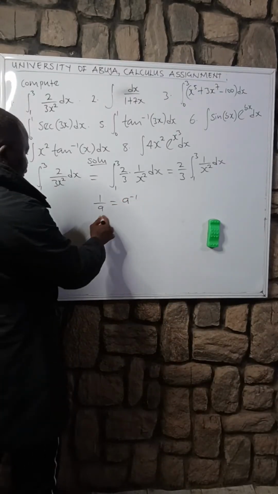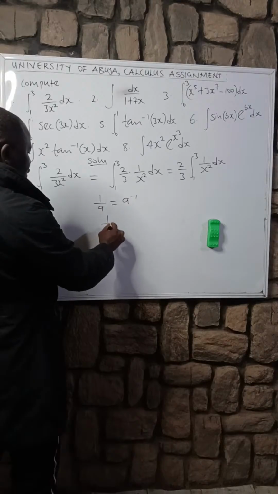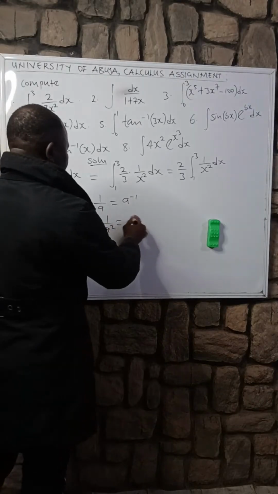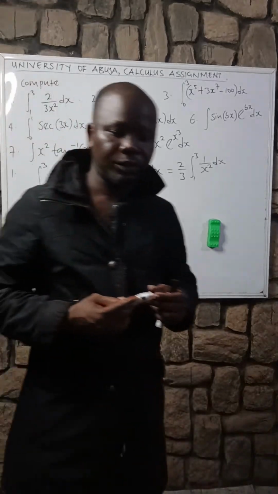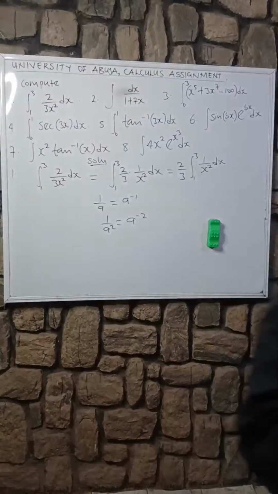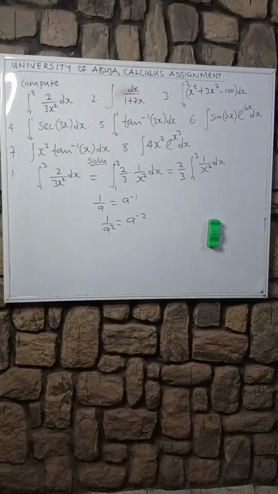What if we have something of this nature? This is the same as a raised to the power of minus 2, true or false. Do you agree with me? Any question? No question, so we can proceed, right?